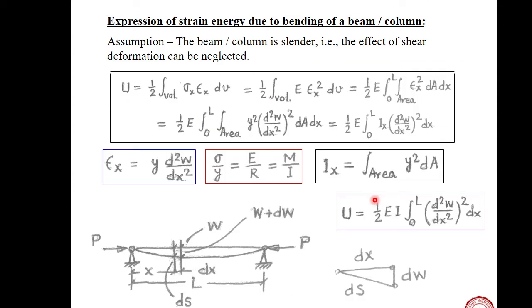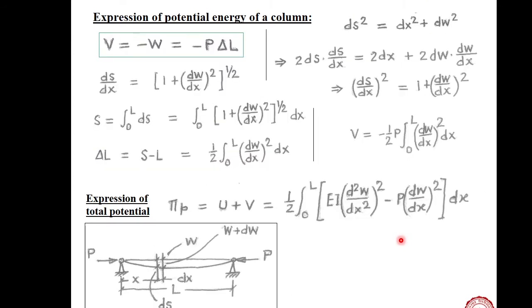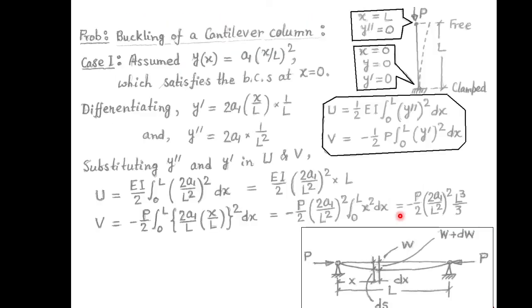So that is what we are going to substitute here now. Clear? So the first assumption is one term: y is a1 phi 1, where phi 1 is x by L whole square.